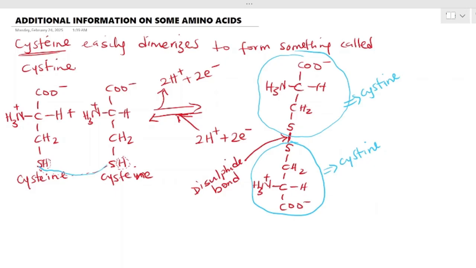Okay, now in the same vein, a cysteine dimer, which is this, is a cysteine dimer. A cysteine dimer can again be reduced, and to be reduced is the addition of the two hydrogens and two electrons that were given off.